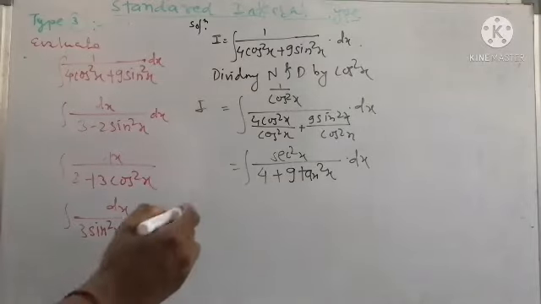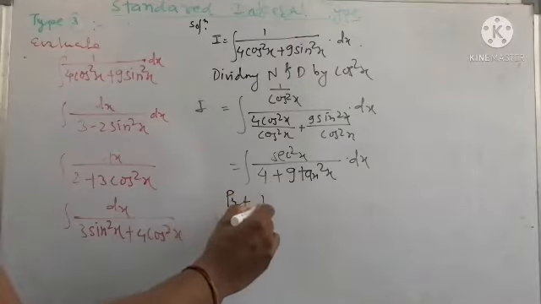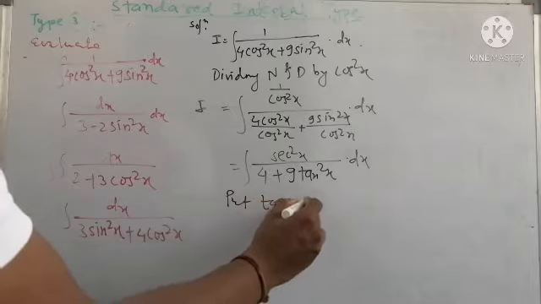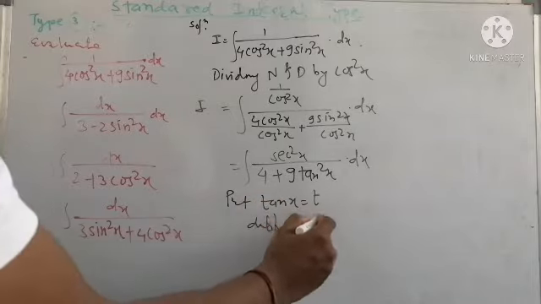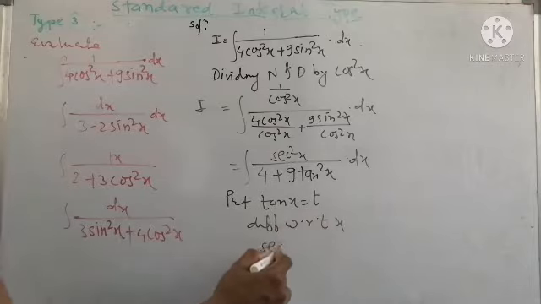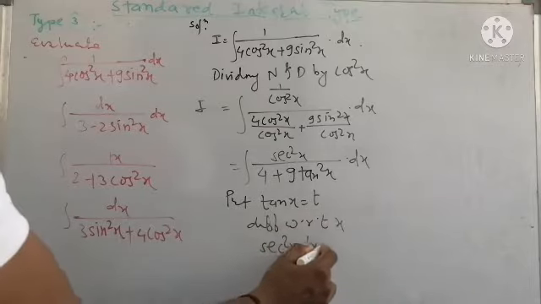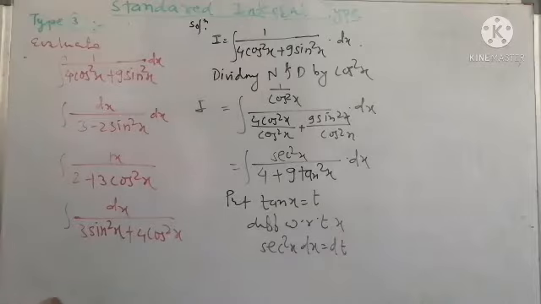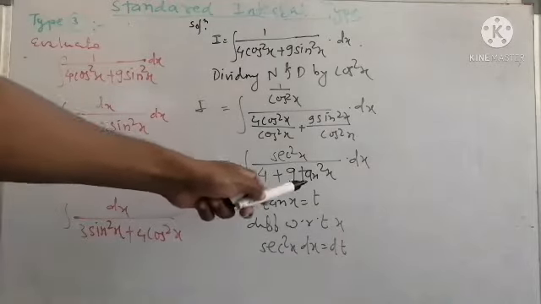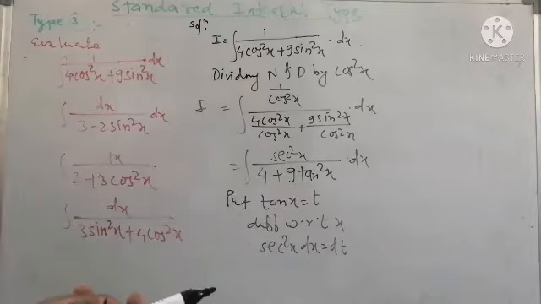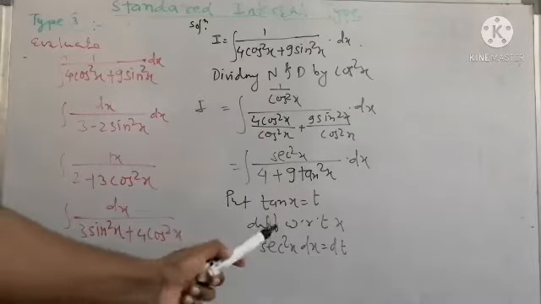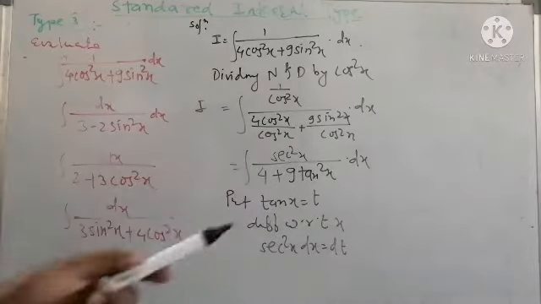Now see the denominator, in which we check the term of tan square x. We put tan x as t in the integral. By differentiation with respect to x, we get sec square x dx equal to dt. In the integration, the term tan x is replaced by t, so tan square x becomes t square, and in the numerator sec square x dx becomes dt.